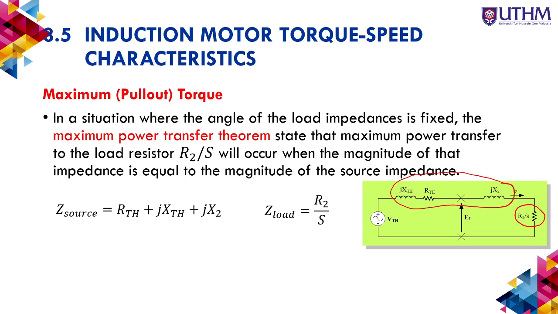So the source impedance is RTH plus jXTH plus jX2, and the Z load is R2 over S. So when the power of the air gap is at maximum, Z source is equivalent to Z load. Since they include j, meaning real and imaginary parts, we take the magnitude.